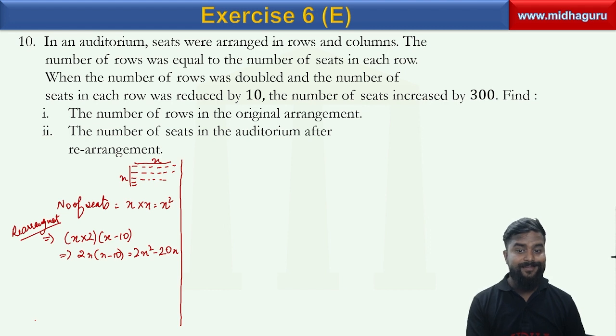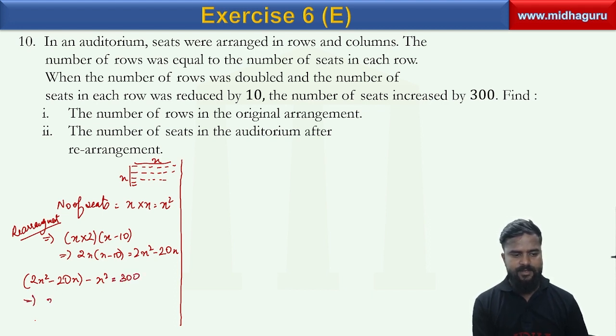Now it says the number of seats increased by 300, which means the new number of seats minus the original number of seats will give us 300. From this we get the equation x squared minus 20x is equal to 300.